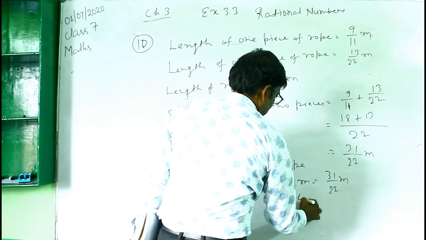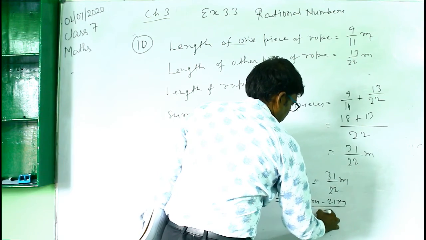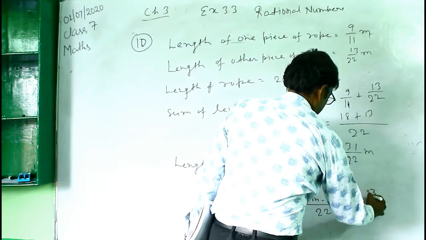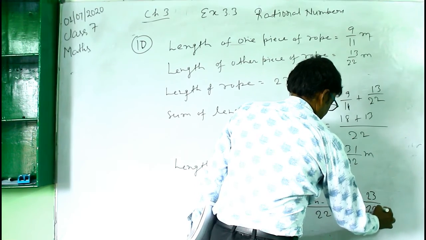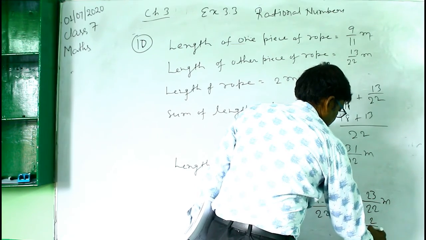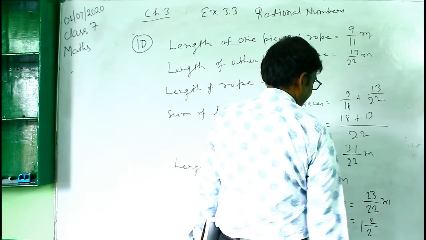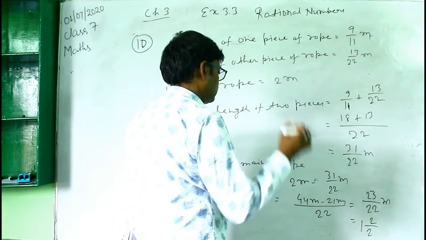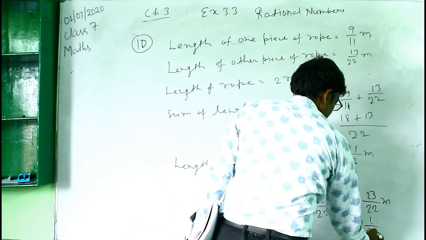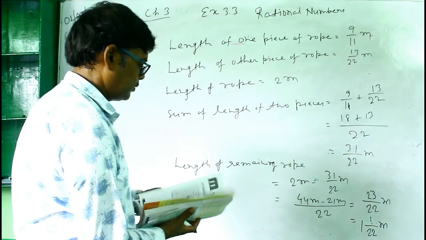So it will be (44 minus 31)/22. So this is the answer of this question.